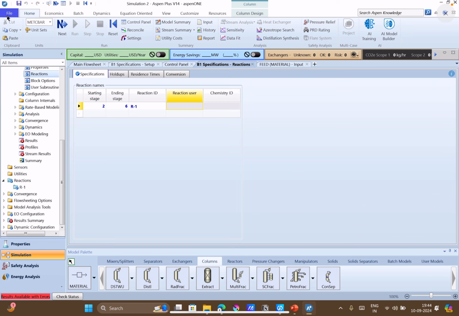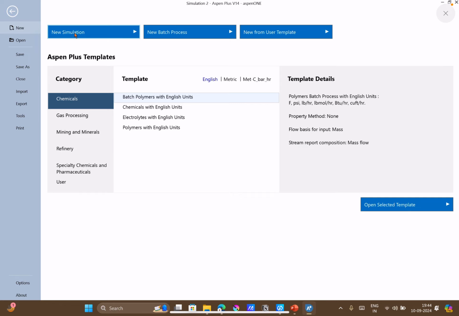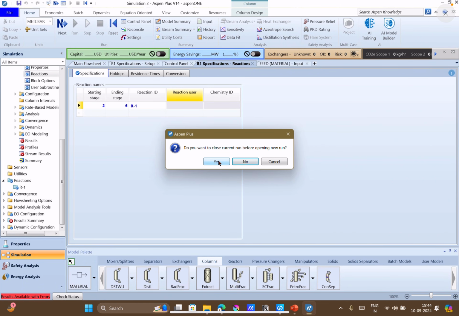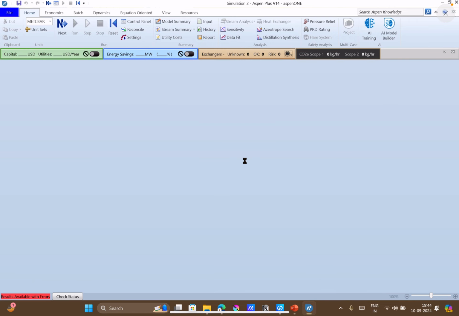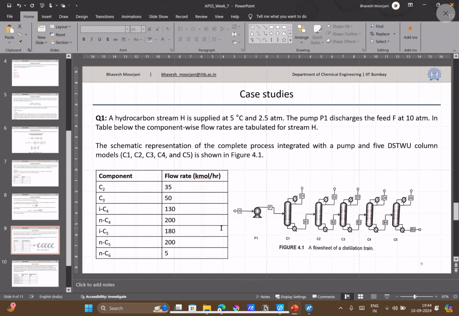For the last problem, let's create a new simulation. I don't want to save it. This kind of distillation arrangement you will see in refineries, where you have a feed which contains multiple components and they are separated based on their volatility to get a pure component.